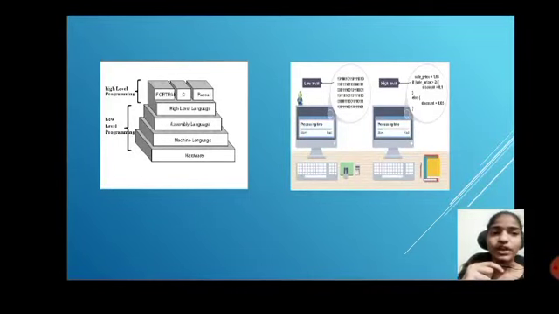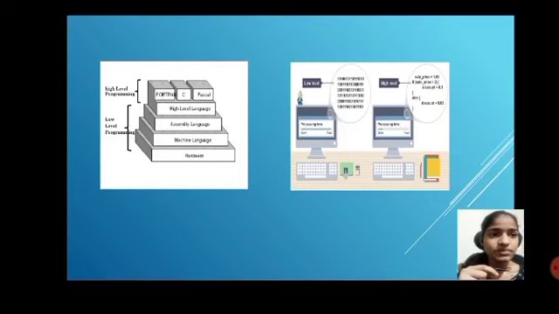Here I have kept a diagram of low level and high level languages. Low level language contains mostly zeros and ones when it converts into machine code. But in high level language we write a program that we can understand. Here is a small program: sale price equals 1.66.